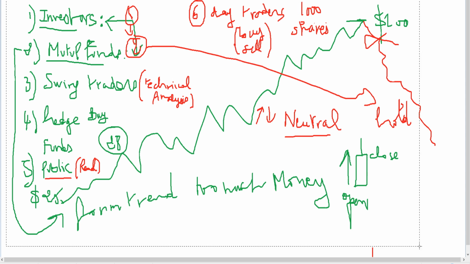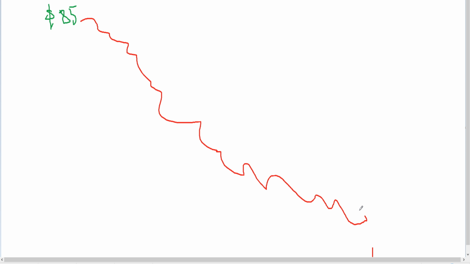Let's say we give the same example. The stock was $85 and it's going down. Now it's $45. What are these participants that do this?